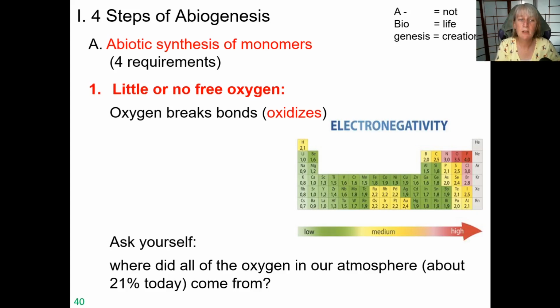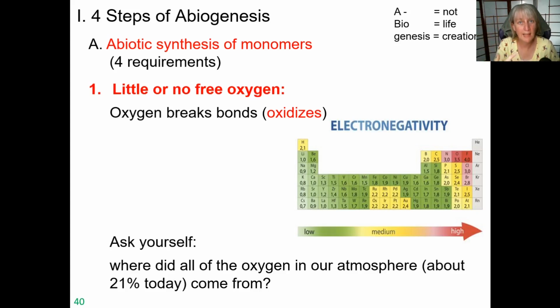The big one here is we need little or no free oxygen. Remember, oxygen here is incredibly electronegative. This is from a couple lectures ago. That incredibly electronegative oxygen pulls electrons from other things. It's the idea that we talk about with antioxidants. Maybe you eat blueberries or you rub something on your face to stop aging and the degradation of your cells.